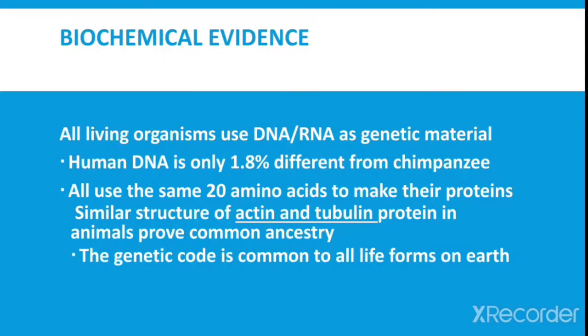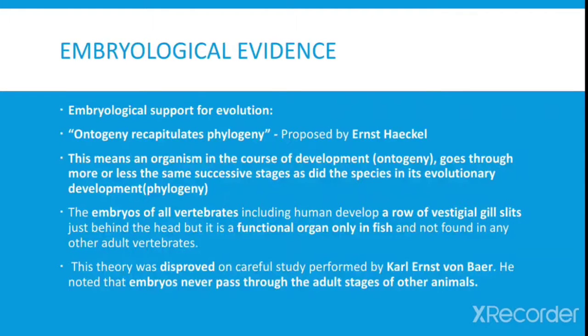And there is similarity in structure of actin and tubulin protein, which proves a common ancestry. And the genetic code is common to all life forms found on the earth. So this is the evidence from the field of biochemistry.